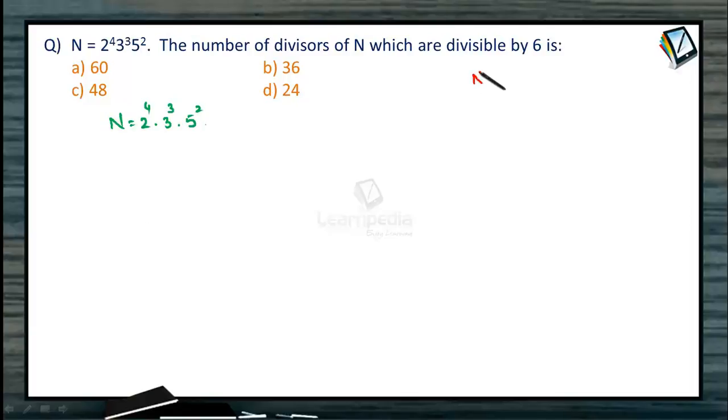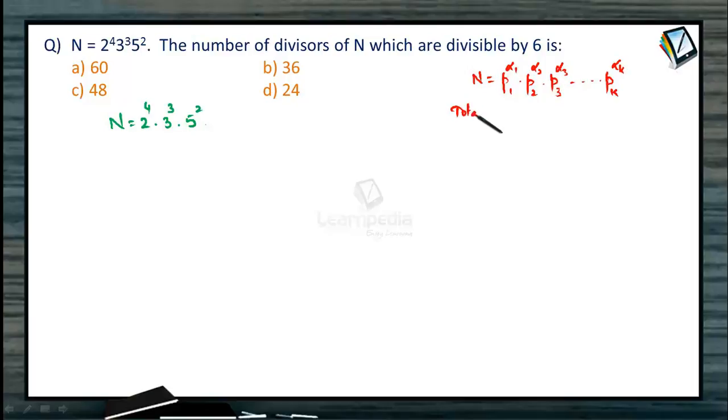Now when n is expressed in the prime factorization as p1 to the power of alpha 1 into p2 to the power of alpha 2 into p3 to the power of alpha 3 so on up to pk to the power of alpha k, where each of these p1, p2, p3 are primes and the corresponding power of each prime number is alpha 1, alpha 2.